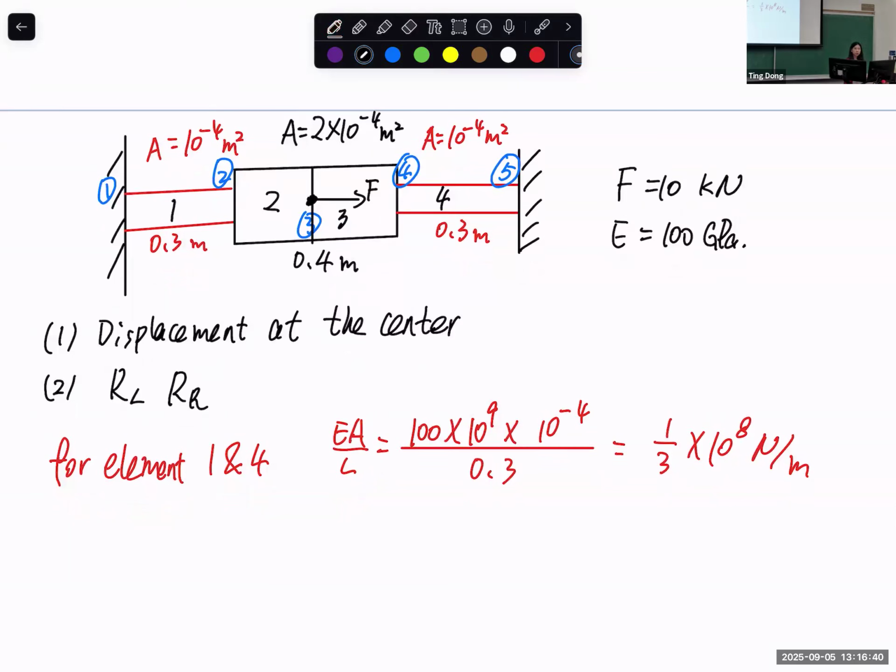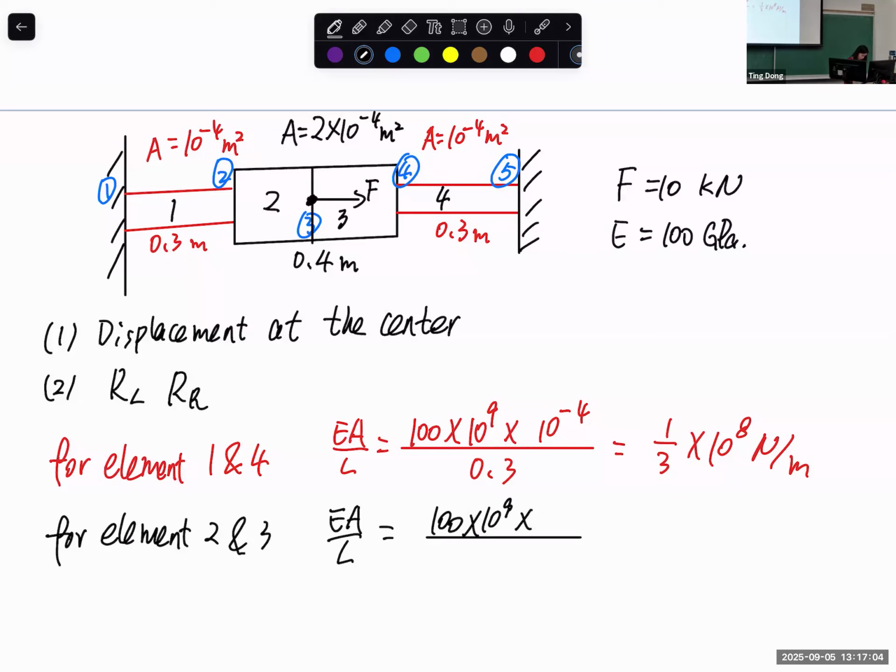And for elements 2 and 3, obviously they are the same because they have the same cross-section area and same dimension. EA over L, with cross-section area double, 10 to the negative 4.